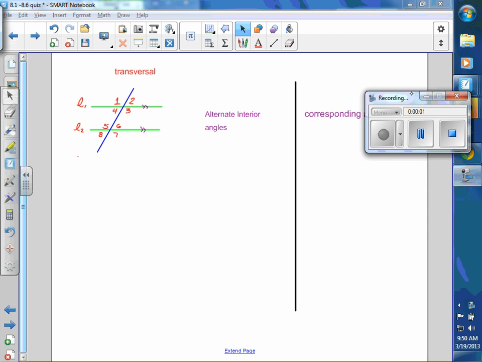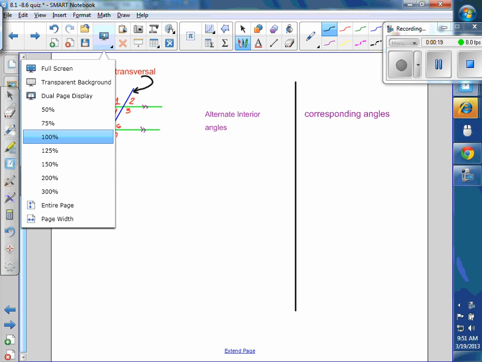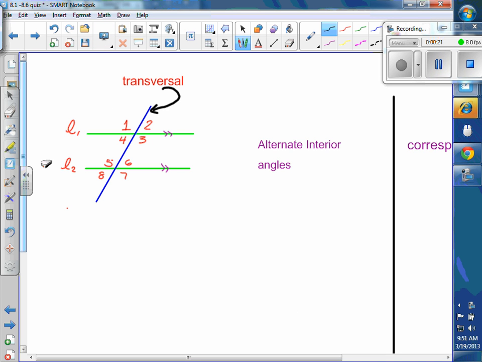Just looking at the picture here, we're going to list alternate interior angle pairs. They come in pairs, like vertical angles yesterday. Here's a transversal, that's this blue line. Alternate interior angles are angles on alternate sides of the transversal: one on the left and one on the right, but in between the parallel lines.